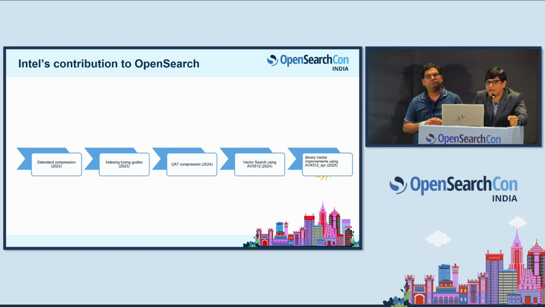And then we have provided some tuning guides, and there is another concept called hardware accelerator for compression, QAT compression. We had contributed that to OpenSearch as well. Recently, we have been involved with optimization related to vector search. It gained a lot of popularity very recently, in 2022.